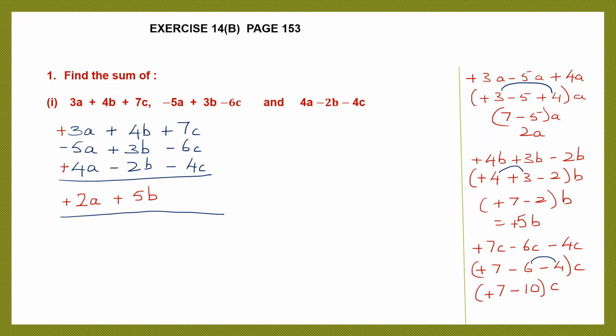Now here signs are different. We have plus 10, plus 7 and minus 10. Put the sign of the bigger number and subtract. 10 minus 7 is 3c. So we get minus 3c. So our answer is 2a plus 5b minus 3c.